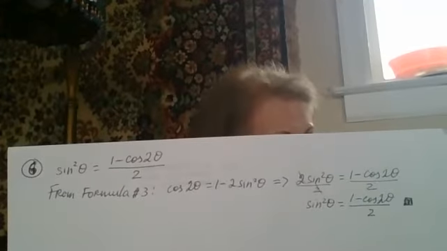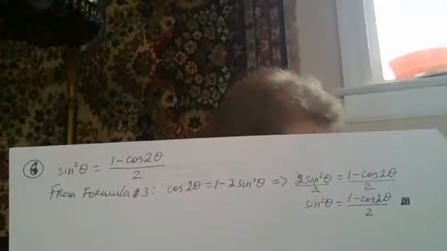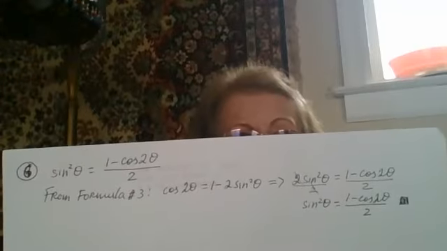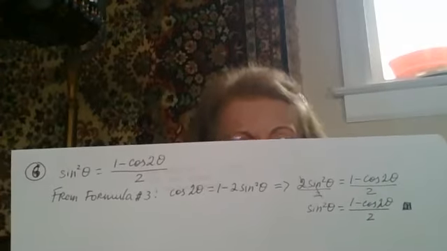To prove this formula, I used formula number 3, which we proved today, because in this formula I had sine squared theta on the right side and cosine of 2 theta. Basically, I grabbed that formula and solved it for sine squared theta.